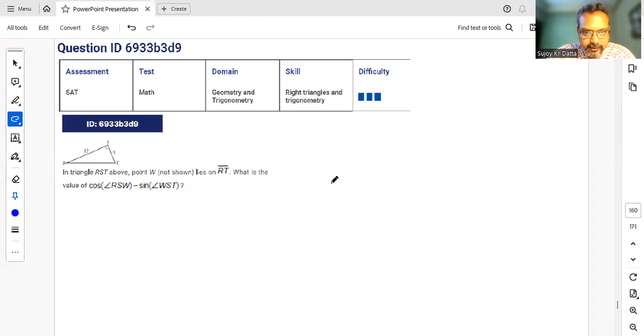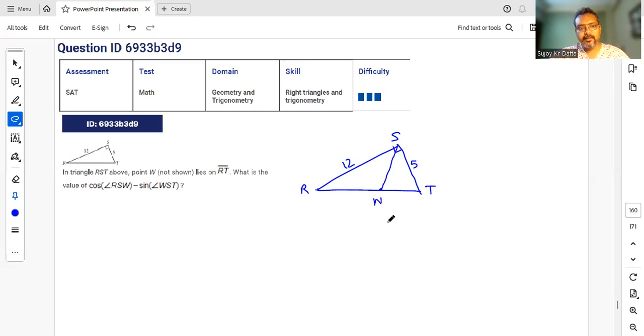So in this triangle RST, there is a point W, not shown. W lies on RT. So some point W is here, could be anywhere.